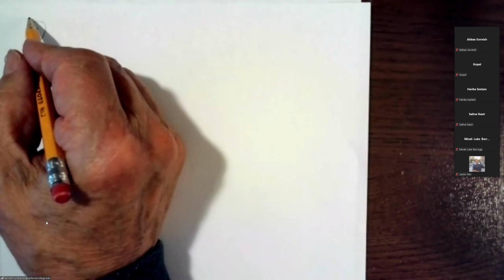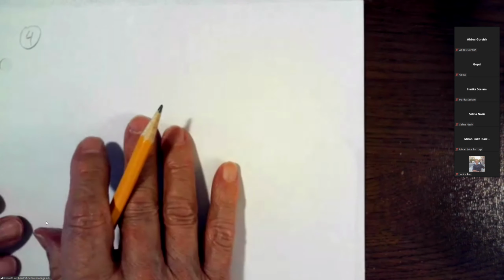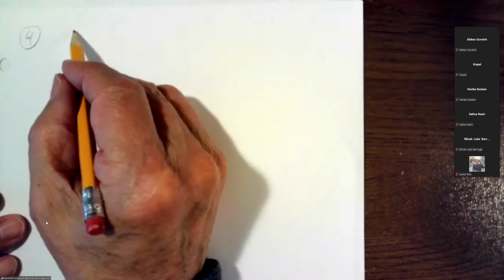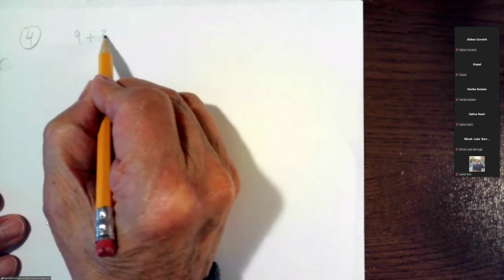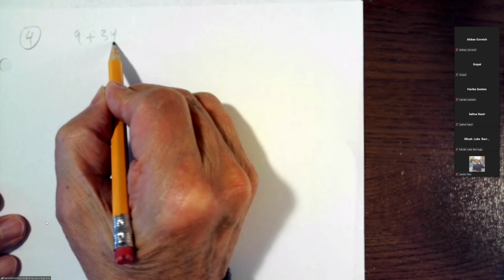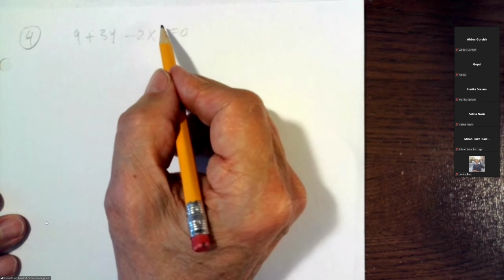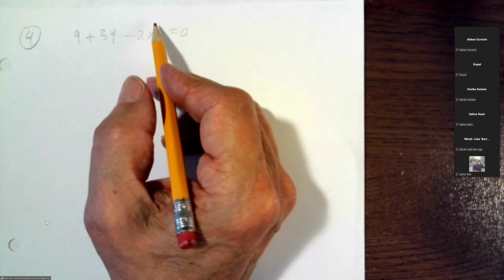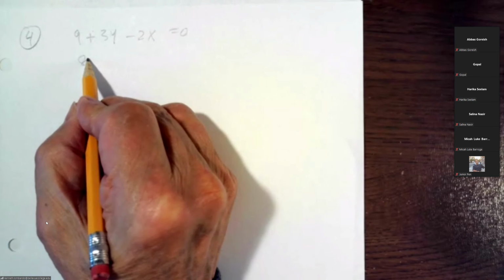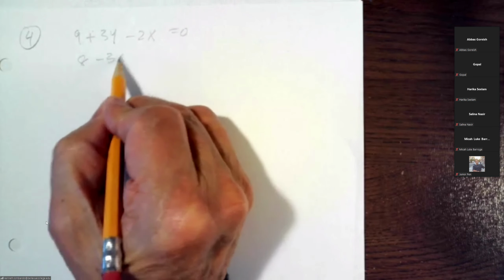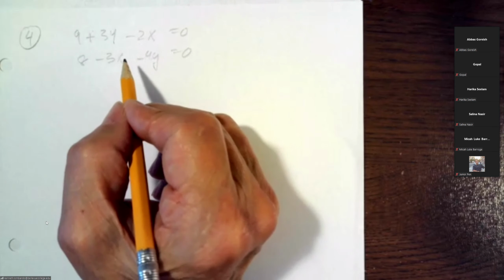Let's say I have, well, let's say 9 plus 3y minus 2x equals 0. And let's say 8 minus 3x minus 4y equals 0.